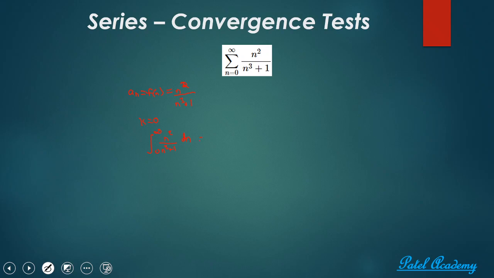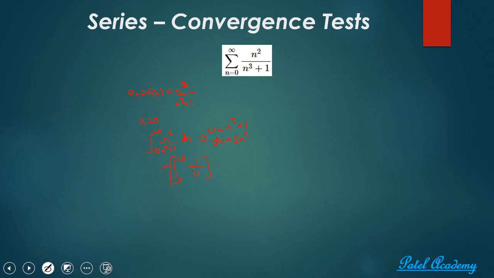And so what do I get? Well, I'll just use a simple u substitution. So u is equal to n cubed plus 1. So du is equal to 3n squared dn. And so, this is 0 over here. So then I get the integral from 0 to infinity of 1 over u.